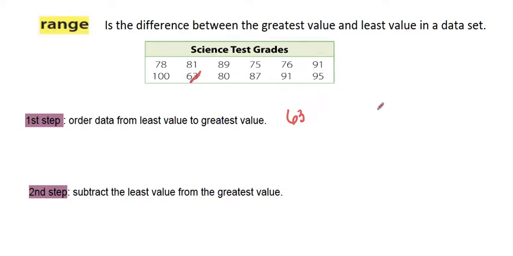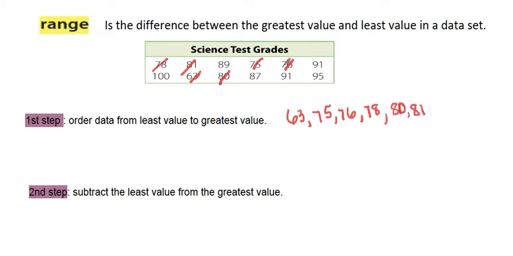Again, I always like to cross them out. Then we have 75. Then we have 76. Then we have 78. I probably should have written them down here. That might have been a little bit easier, but we'll see how it goes. Then we have 81. Then there's an 80 there. 81.